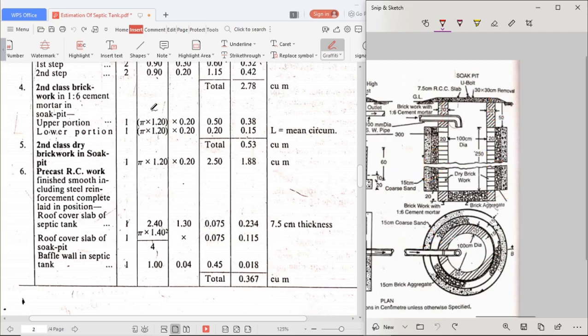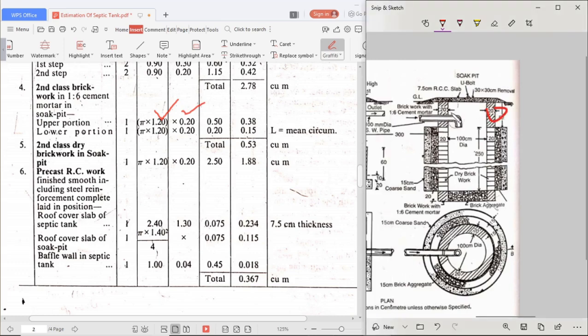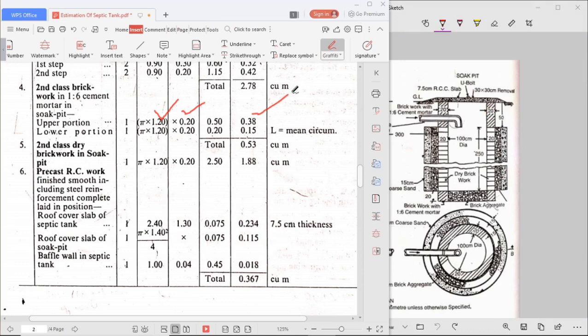So pi into 1.20 will give the circumference, then into breadth. What is the breadth of this wall? It is 20 centimeters, so 0.2, into height. What is the height? 50. So 0.50, we will get 0.38.